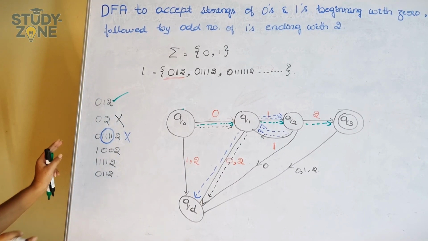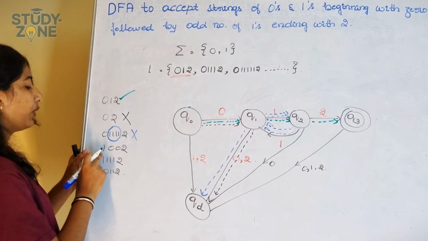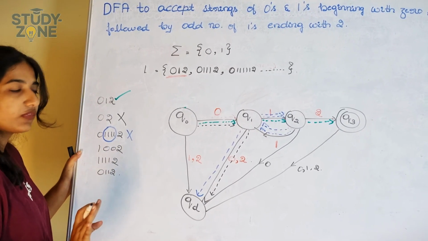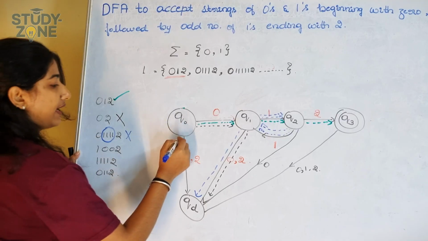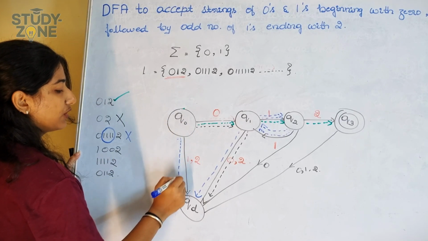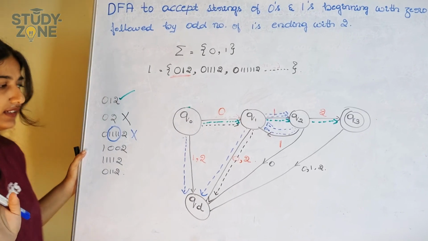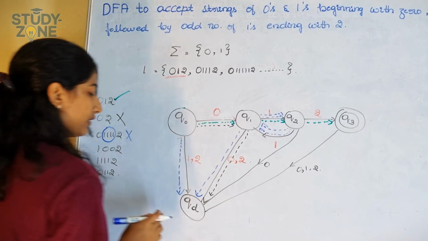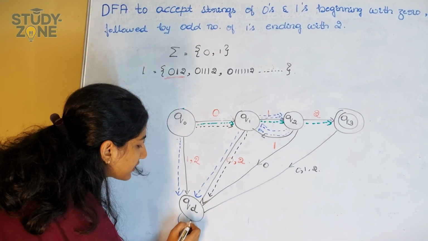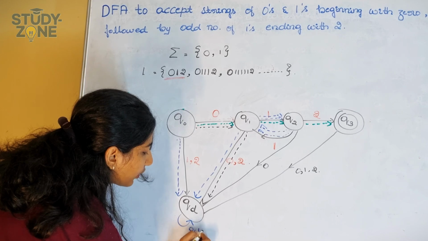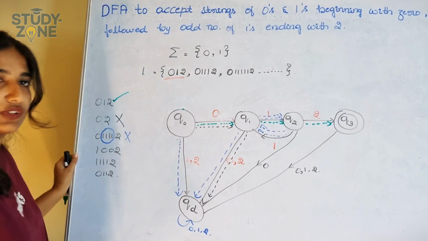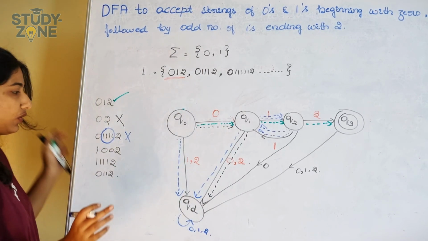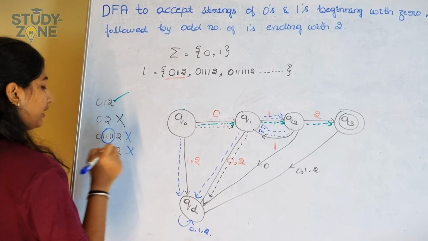And we have 1, 0, 0, 2. So this is simple. At starting only I shouldn't get 1, so it is moving to dead state. Okay, so here you can represent like this also. Here if I get 0, 1, 2, after moving to dead state there will be no changes. Okay, so this one is also not getting accepted.